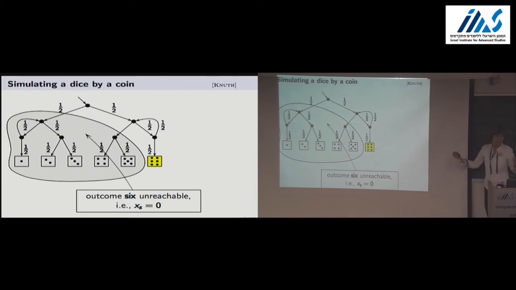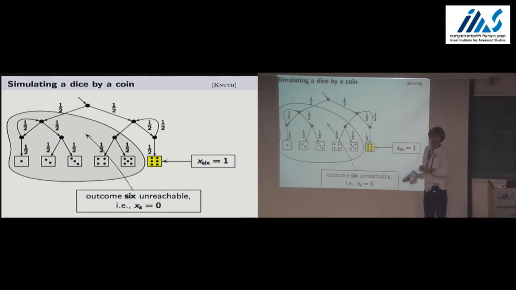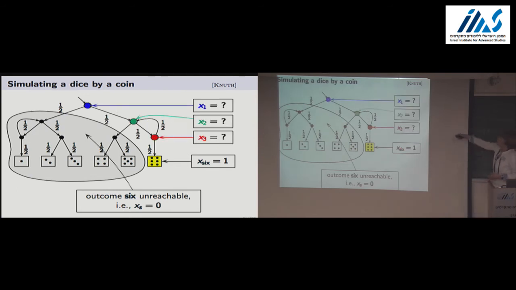So we just have to deal with 4 states here. On the right, for them, we have a non-zero probability. The outcome 6 is again a trivial case. We already reached the target state, so the probability here is 1. So let's look now at these 3 states. What is the probability to reach the yellow state from the blue, green, or red state? Now for the blue state, x1, with probability 1/2 we go to the left.